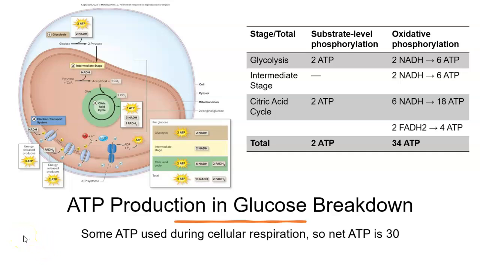I was always taught somewhere between 30 to 36 ATP, but your book insists on using 30, so we're going with 30. But that's a lot of ATP. But when you think about how much our body uses, that's a drop in the bucket. It's basically like taking an eyedropper of water and adding it to the ocean.